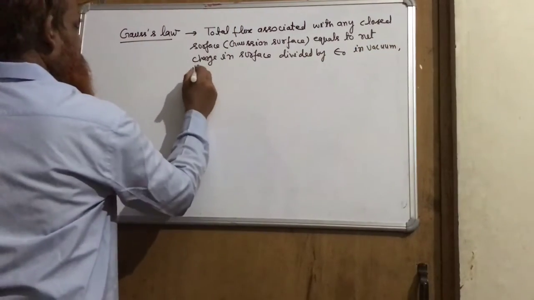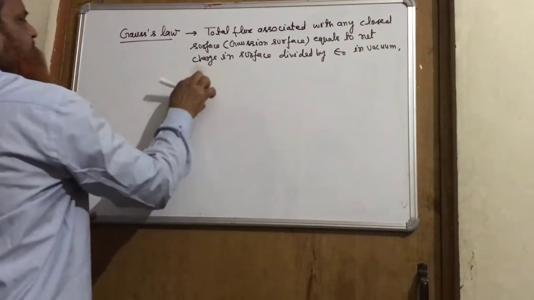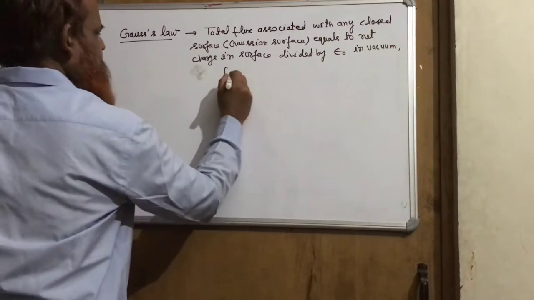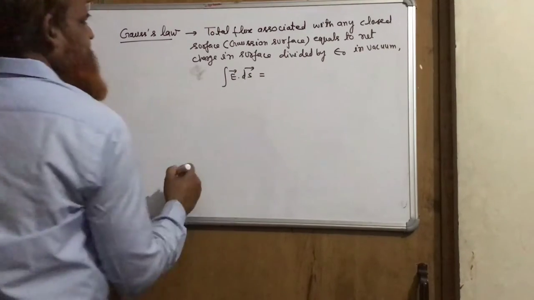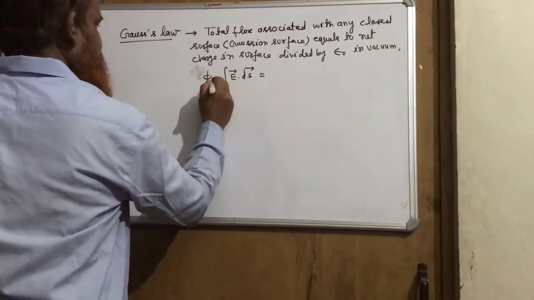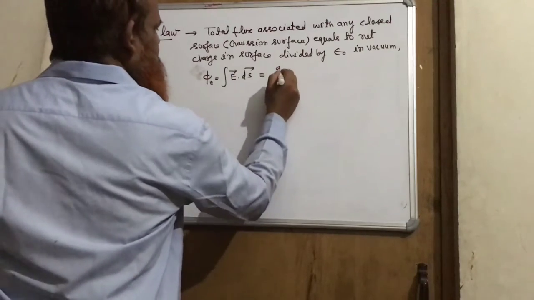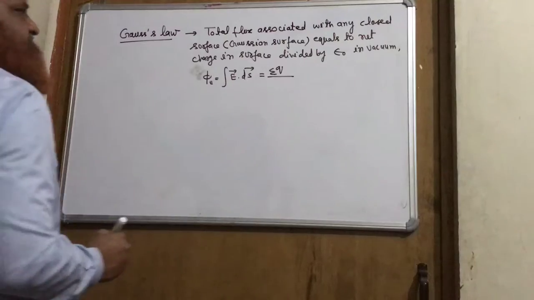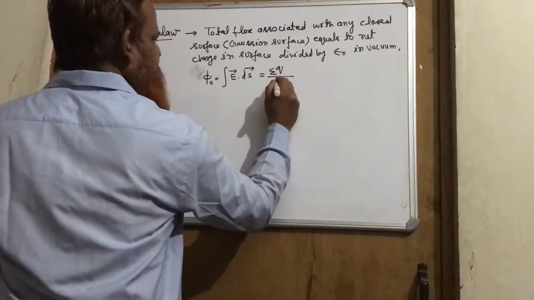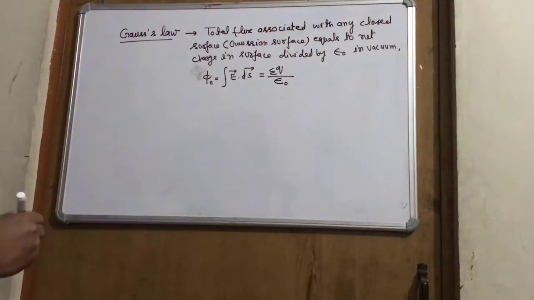If a medium is there, we can write mathematically: the integral of E dot ds is the electric flux, equal to sigma Q, the net charge, the sum of all charges present in this surface, divided by epsilon naught.